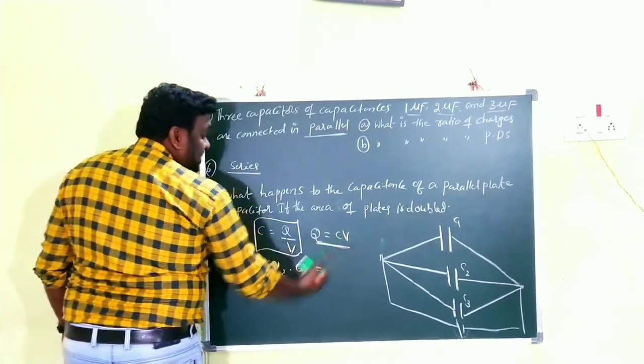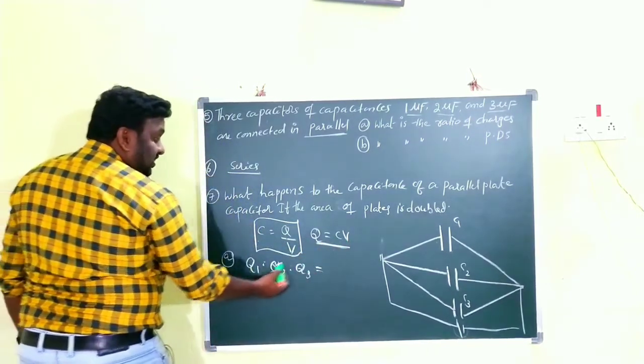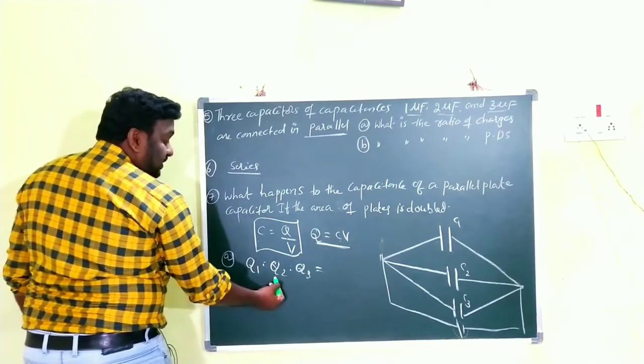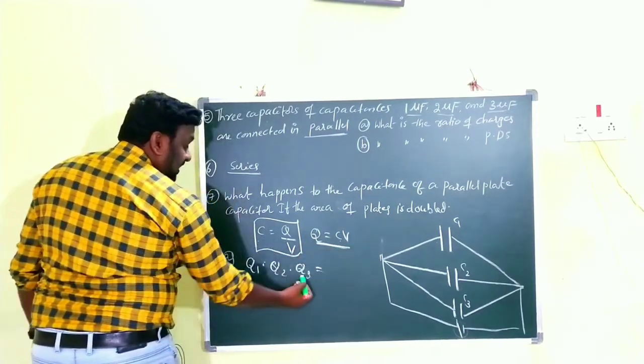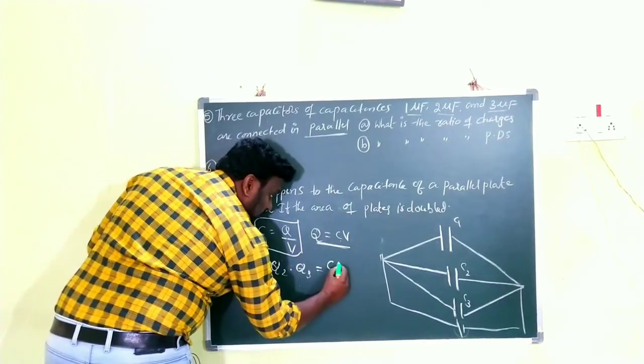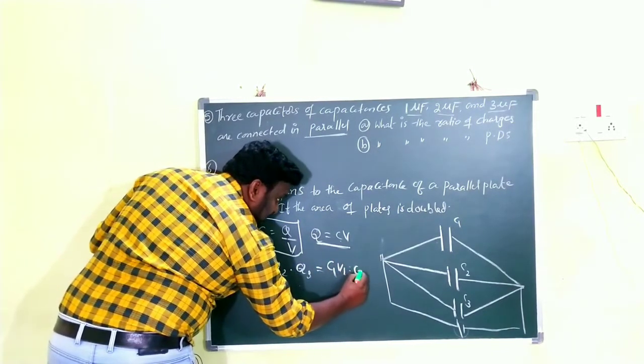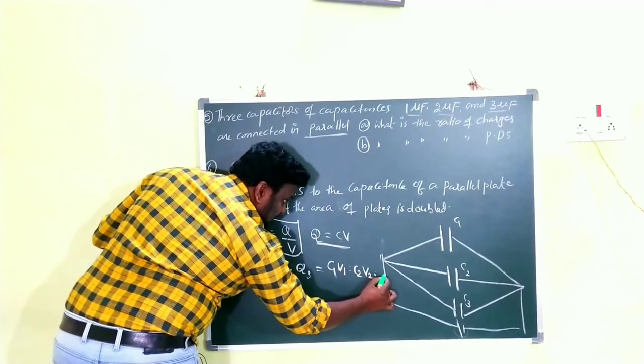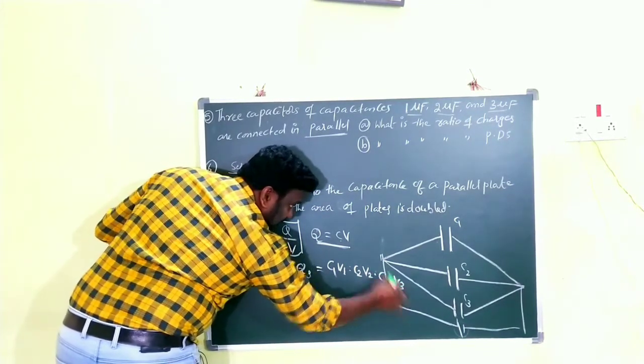Q is equal to CV, that means Q1 is C1 V1, Q2 is C2 V2 and Q3 is C3 V3. That's why C1 V1 is to C2 V2 is to C3 V3.